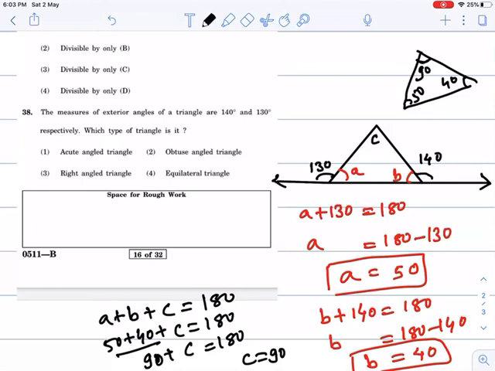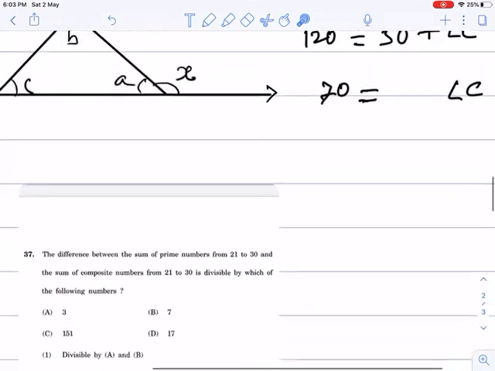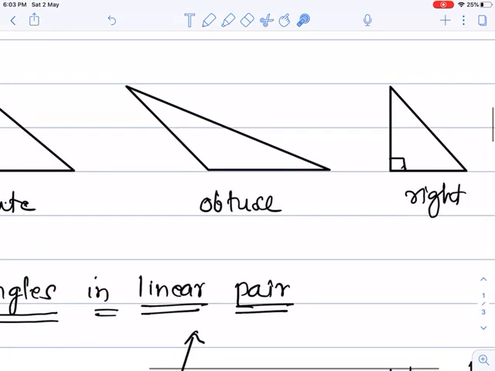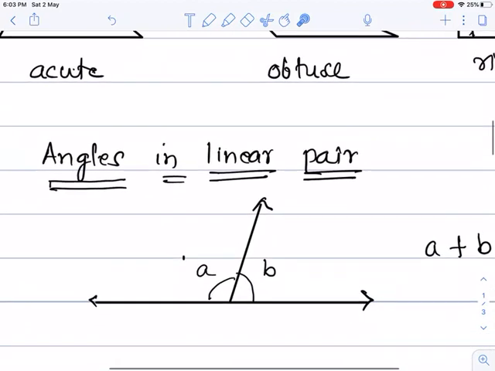So you have to observe these values: 90 degrees, 50 degrees and 40 degrees. You will find that one angle of the triangle is 90 degrees. We have studied that if one angle of a triangle is 90 degrees, then that triangle is called a right angled triangle.